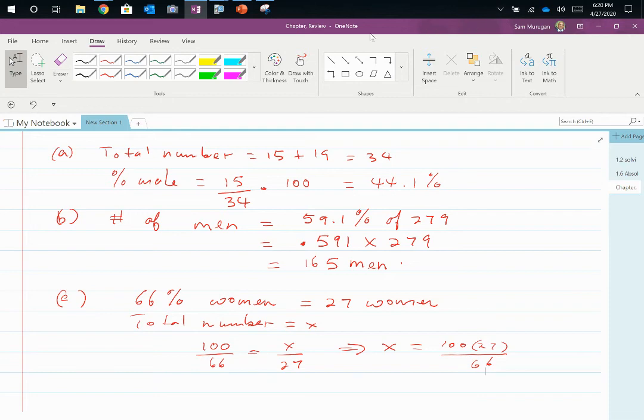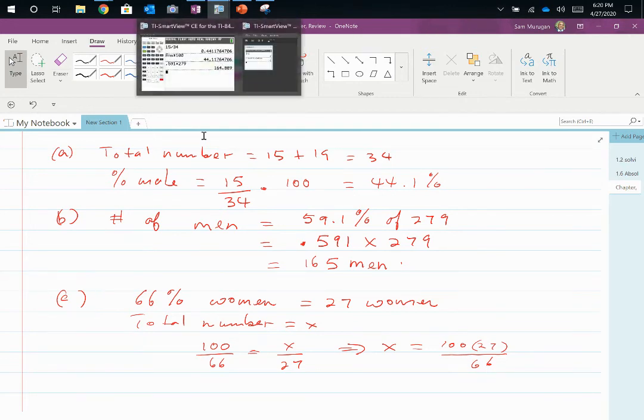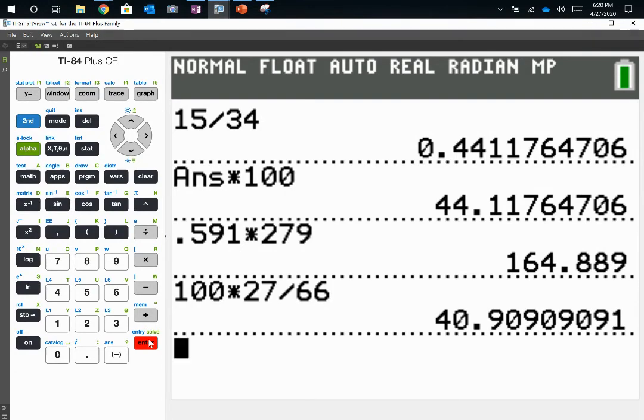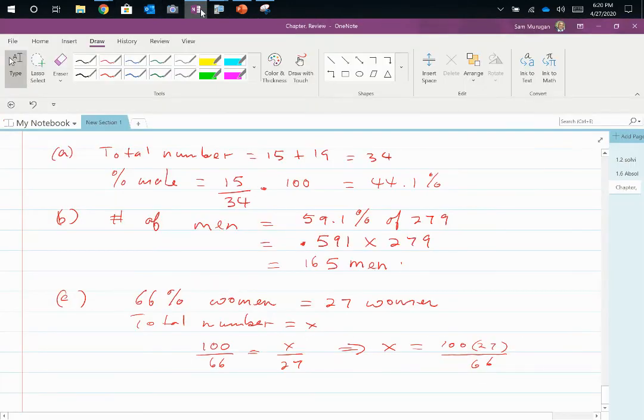On the calculator, 100 times 27 divided by 66, approximately 41.